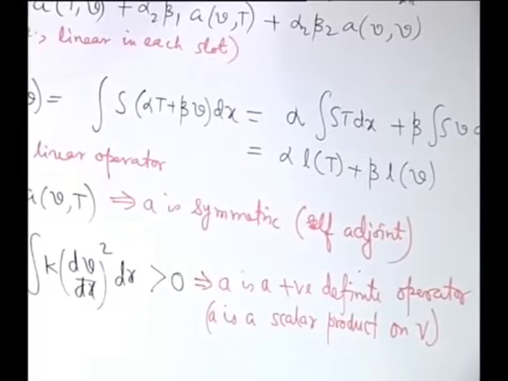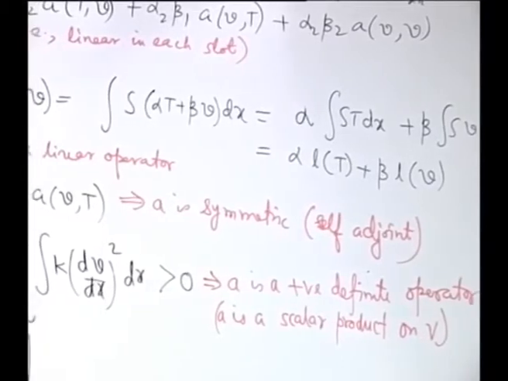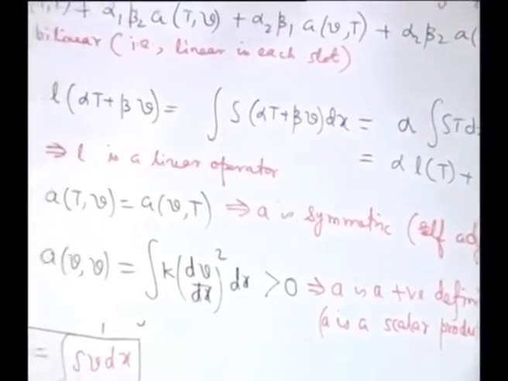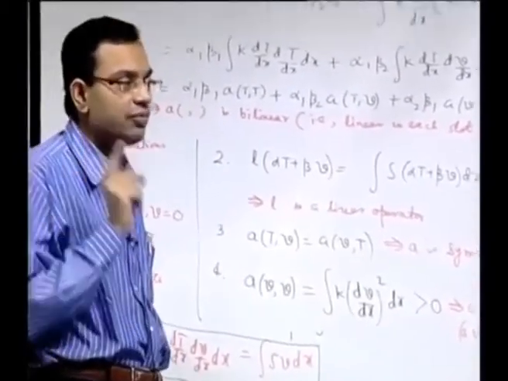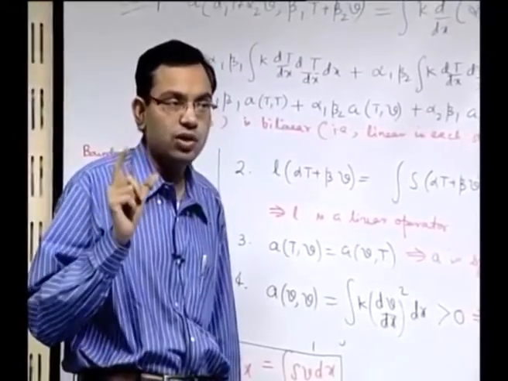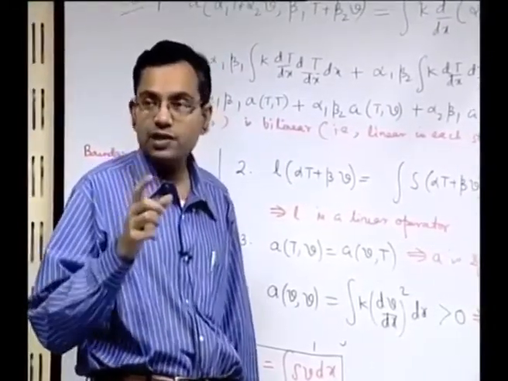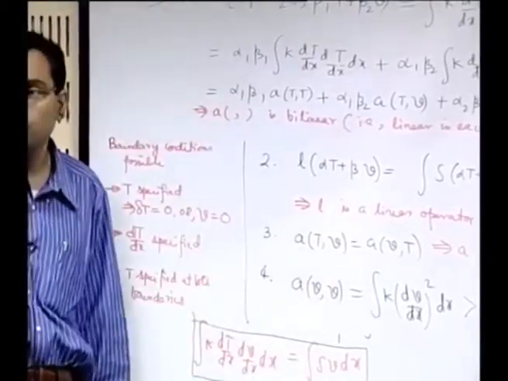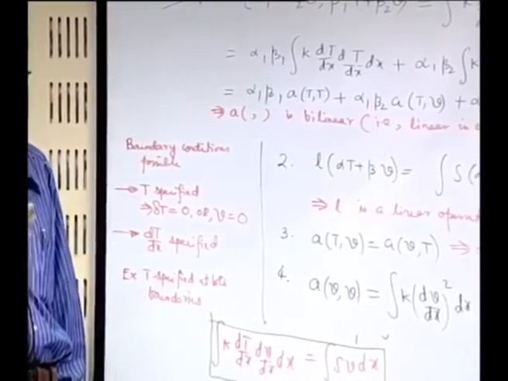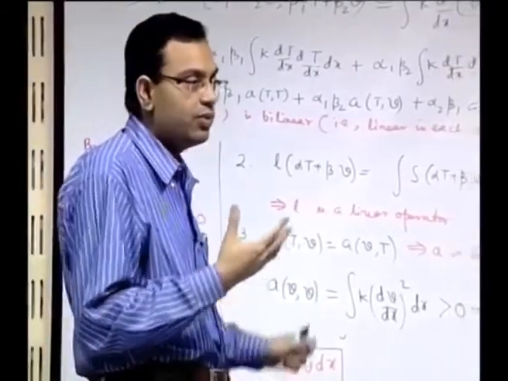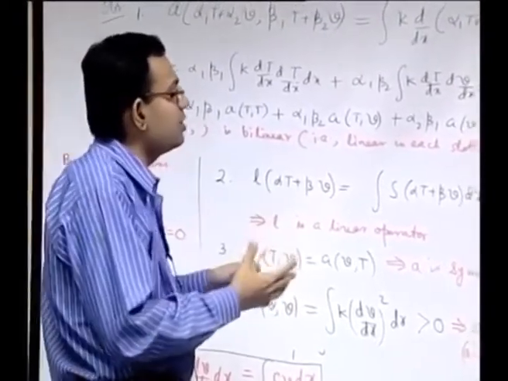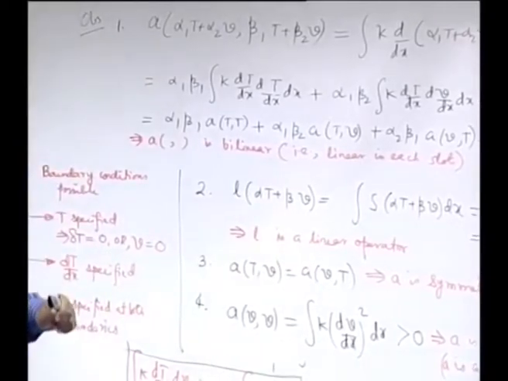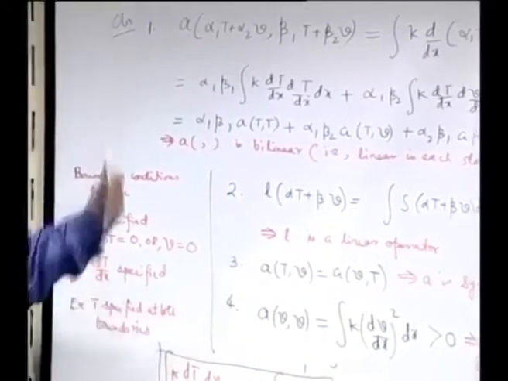So these are some interesting properties and we will make use of them. So we have till now seen two forms, one is the D form or the differential equation form or the strong form, the V form or the variational form or the weak form. Now we will subsequently see a third form which we call the M form or minimization form, and we will see how we can come up with that form starting from either the V form or even the D form.